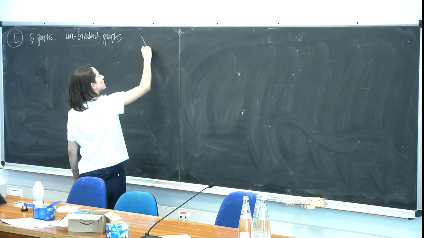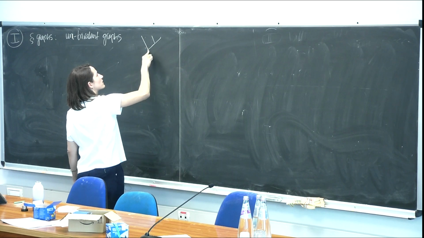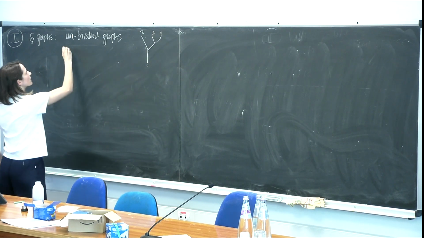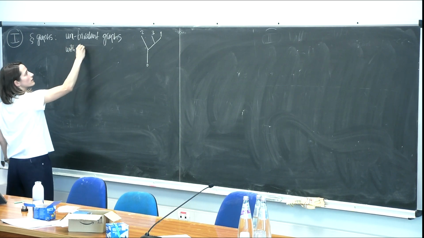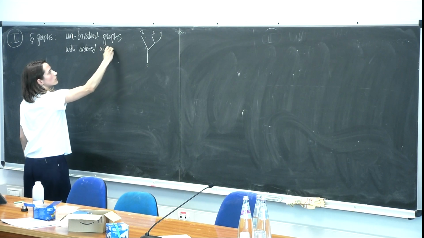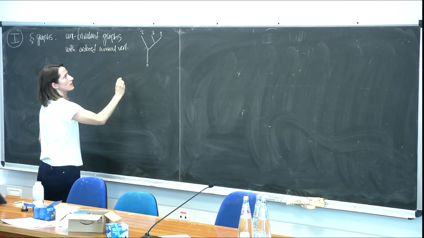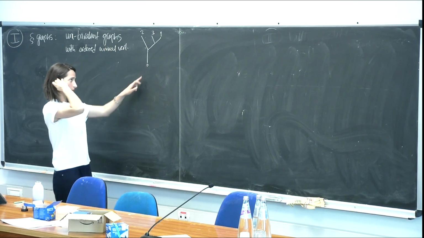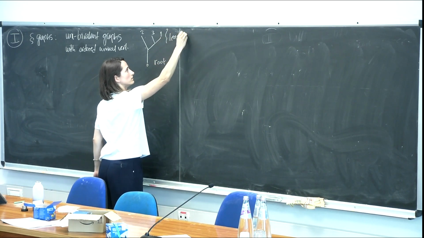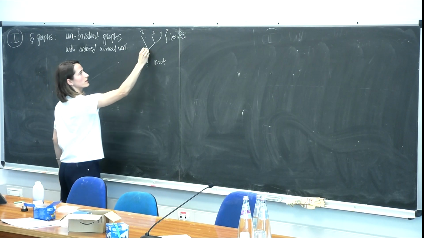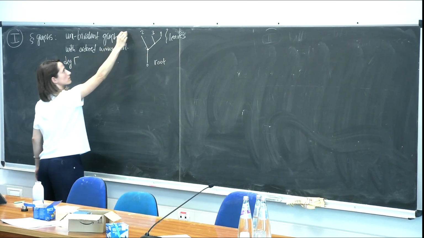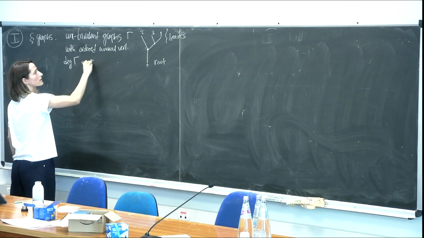So for example, I'll draw it like this. And they will have labeled, or ordered, univalent vertices. The one that's labeled by 0, I'll call the root. And these here are the leaves. And then there are also some trivalent vertices, okay? And the degree of this graph gamma is just the number of leaves.